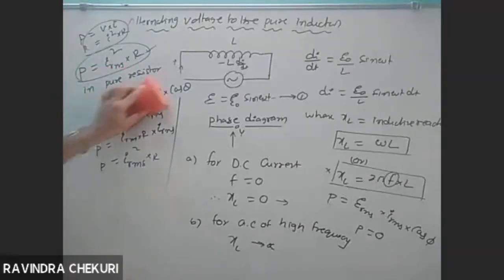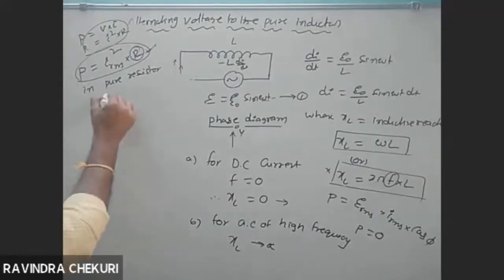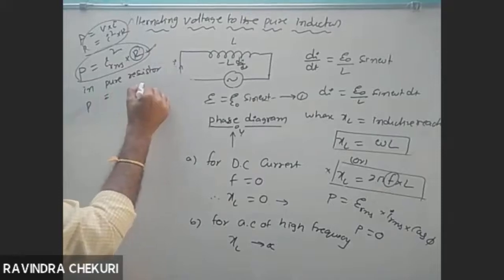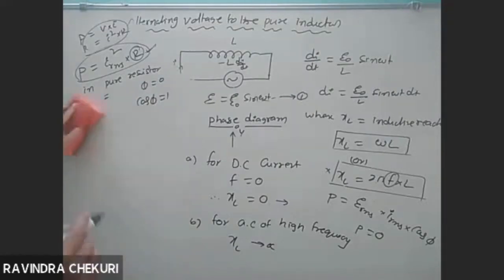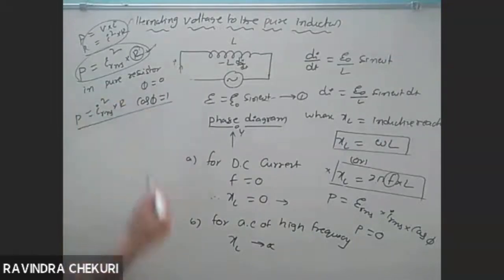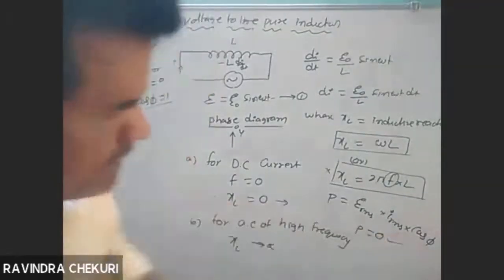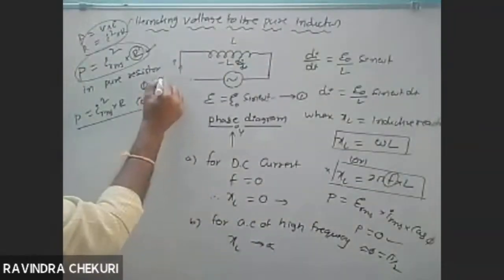For the pure resistor, V is equal to IRMS into R, phi is 0, cos phi is 1, so P is equal to IRMS square into R. This is power consumption in the case of a resistor. For the inductor, phase angle phi is equal to pi by 2, while for the resistor phi is 0 degrees.